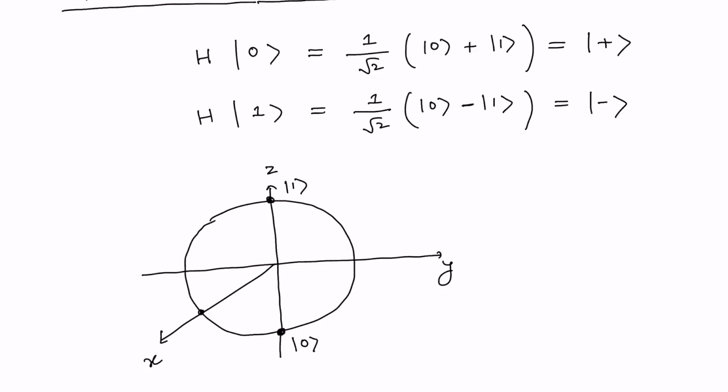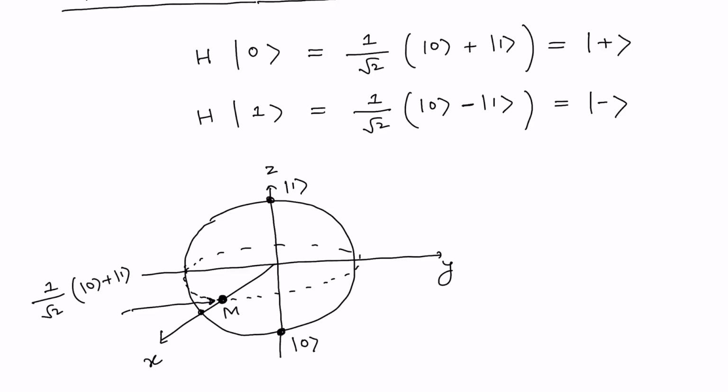This point M is in the equatorial plane, and if you recall from the Bloch sphere discussion, it represents the quantum state 1 by root 2 gate 0 plus gate 1.